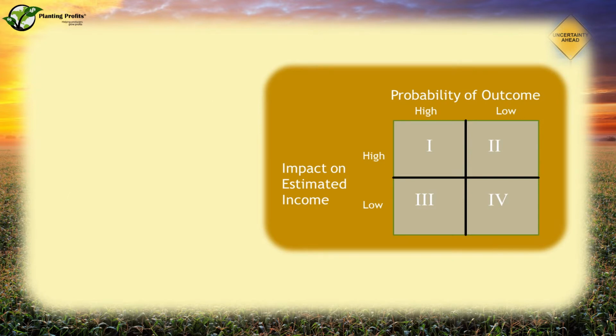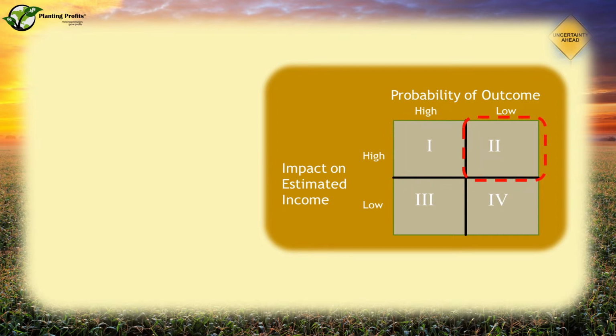To identify risks in your plan, focus on high-impact, high-probability, uncontrollable events that, should they occur, will have a big, bad effect on expected income. Start in Quadrant 1, then move to Quadrant 2.